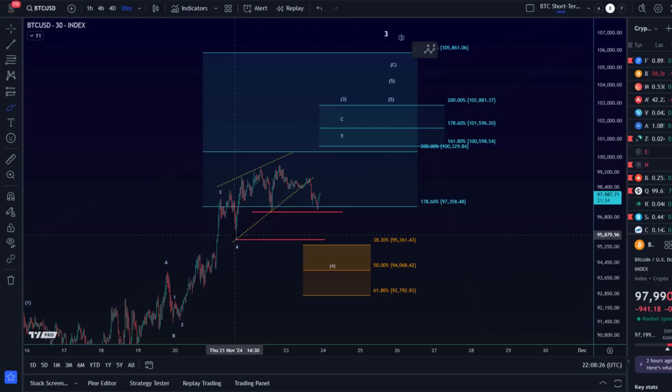I think what happened is there are some sell orders, some order blocks providing resistance just below 100k. That's not a surprise. There are some Fibonacci levels as well that present some resistance. There's psychological resistance and order blocks around 100k.